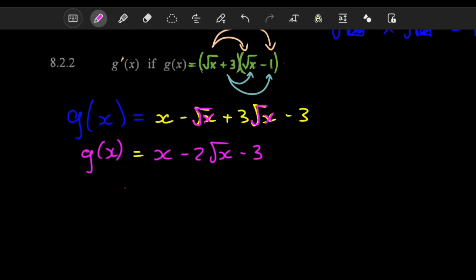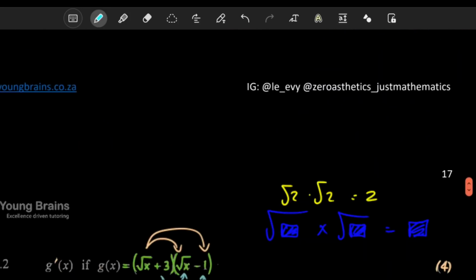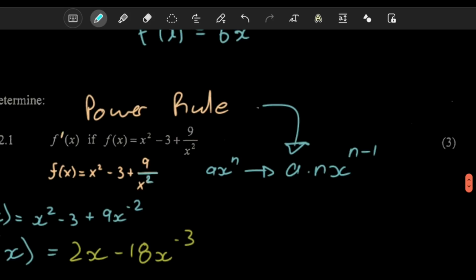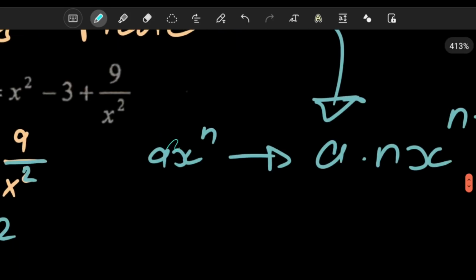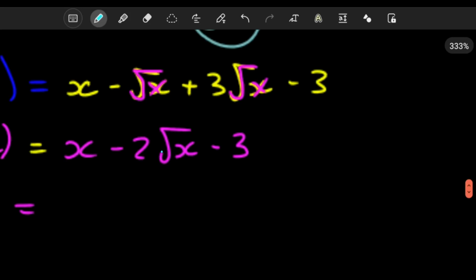So obviously now we can try and change this into a format that allows us to use the power rule. Everything has to be in this format for you to use the power rule. If it's not in this format, you cannot use the power rule to differentiate. So that's why we have to deal with this square root symbol here.